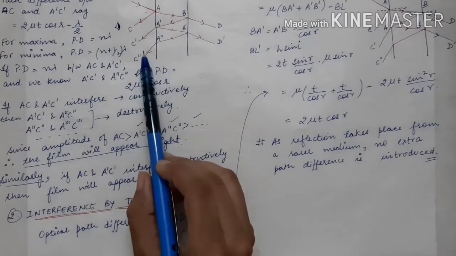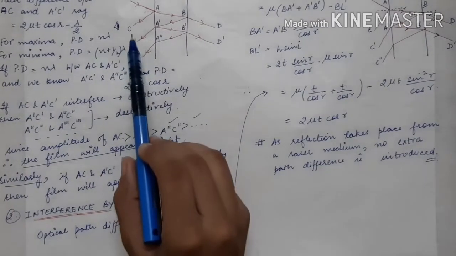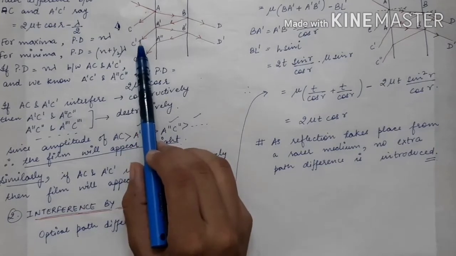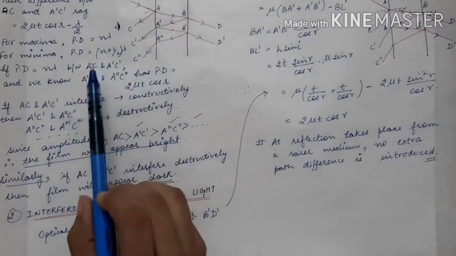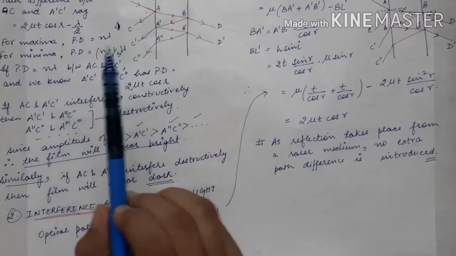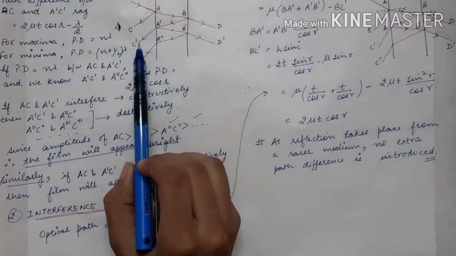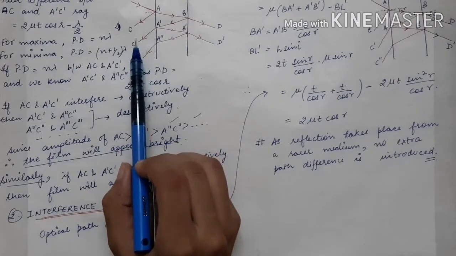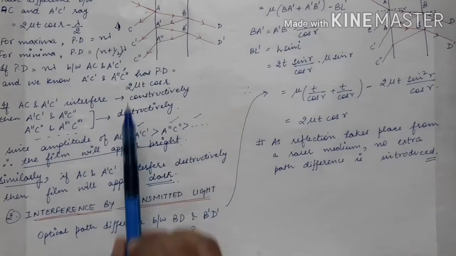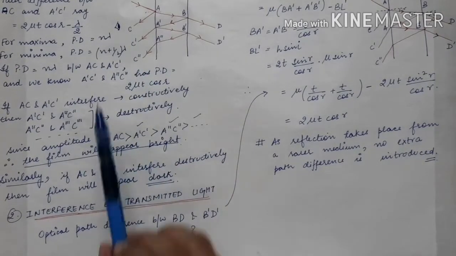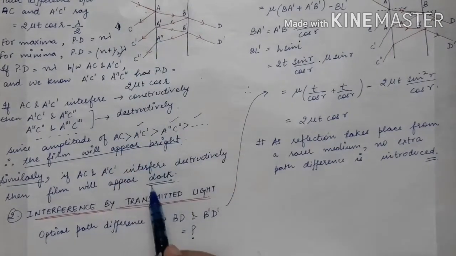But since the amplitudes of all other reflected rays are negligible as compared to the first two amplitudes, the film from the left hand side in that case will appear dark, because the first two reflected rays are interfering destructively, and the amplitudes of all other rays which are interfering constructively can be ignored.